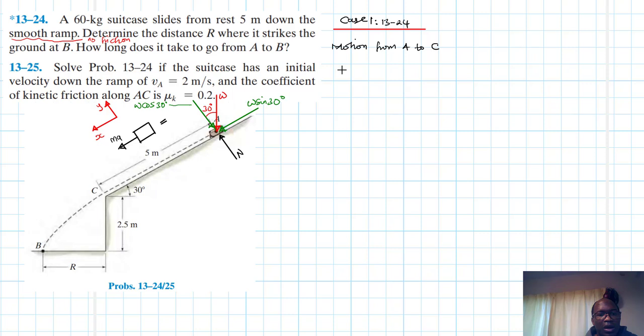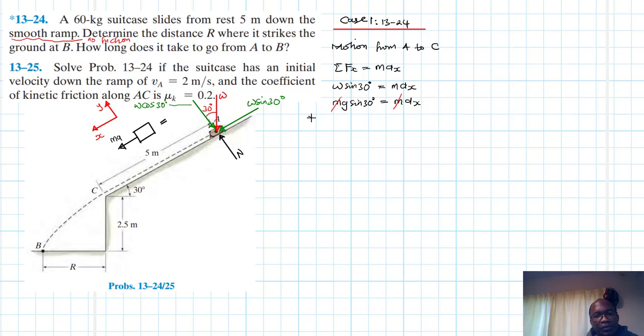So what do we have? Say we are just dealing with the x. Summation of forces in the x will be equal to m ax, and then we have W sine 30 equal to m ax. Our W is mg sine 30, this is m ax. So m and m cancel out.